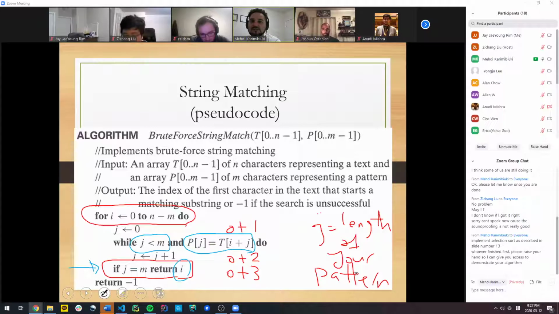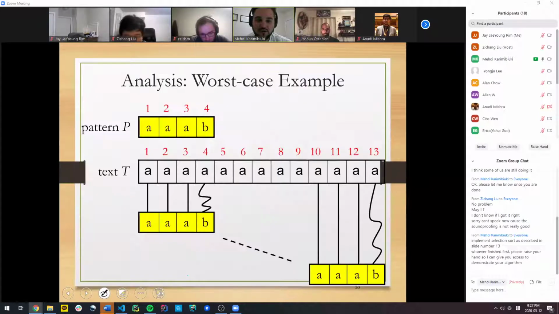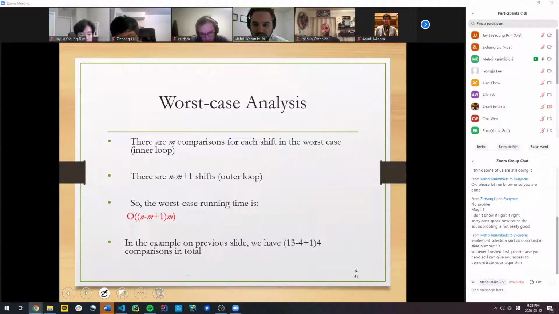That's what the exercise is. So worst case. The example of worst case is that we walk through it until we get to the end. Nothing is found here. We're going to have m comparisons. So I think the reason that we are having that m multiplied is because we are having m comparisons every time.